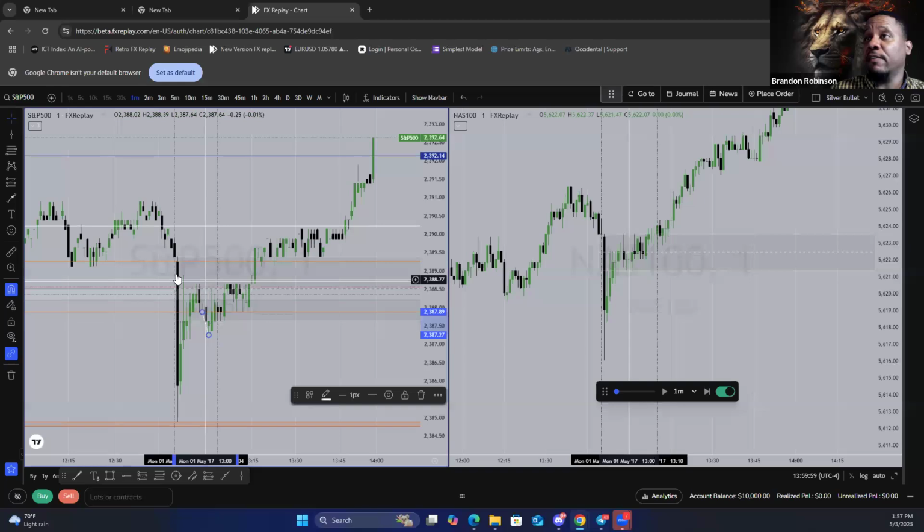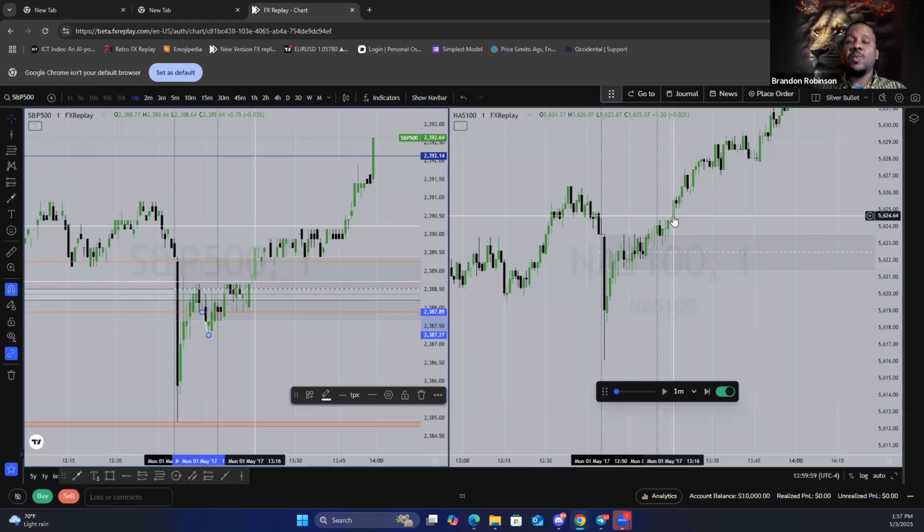This fair value gap carries more weight than, say, this one right here, because this one wasn't formed during the macro. So it's not just what the PD array is, but it's also when it forms. And if you start looking at price, you can say, okay, my trading model is that I look for the first fair value gap after 9:30, and then I'm going to watch price every single day on how it interacts with that one fair value gap.